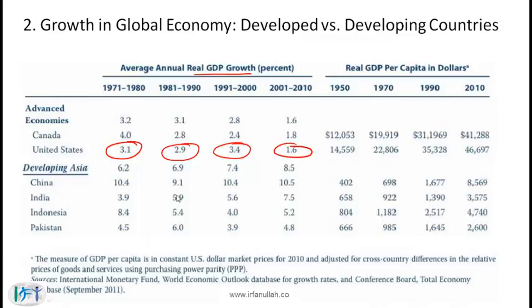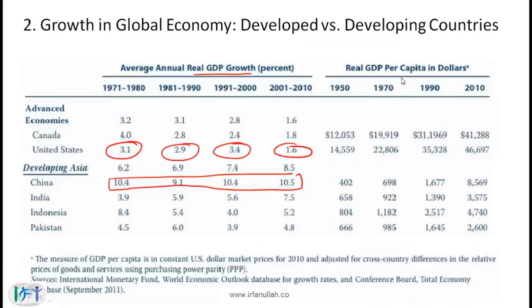Whereas if you look at developing Asia, then the growth rates in real GDP have been huge in China. So approximately 10% since the 70s and 80s, moving on into the 2000s. So this growth rate has been tremendous.